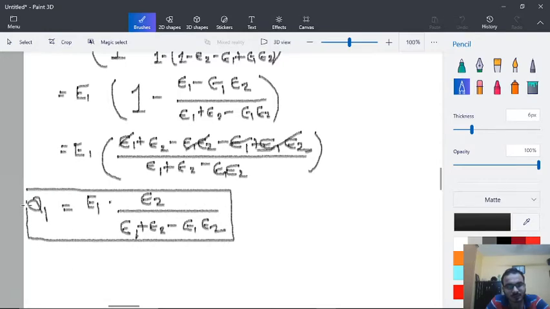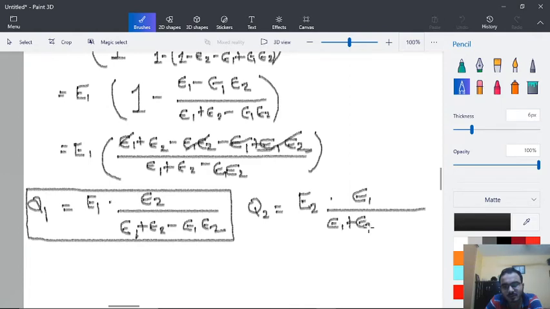Similarly we can get Q2, that is Q2 is equal to E2 into epsilon 1 divided by epsilon 1 plus epsilon 2 minus epsilon 1 epsilon 2, that is the value of Q2. We can similarly write down.